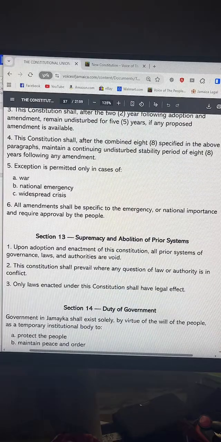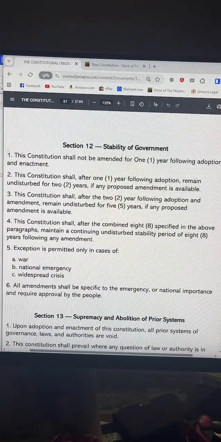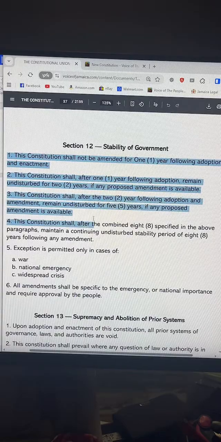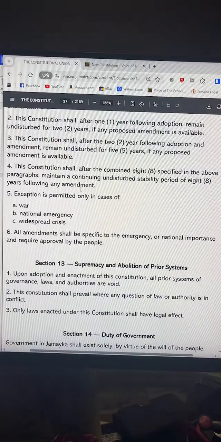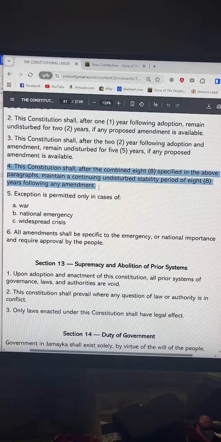This constitution shall, after the combined 8 years specified in the above paragraphs, maintain a continuing undisturbed stability period of 8 years following any enactment. So that means that after this period is complete, the 1, the 2, and the 5 years, then any amendment to the Constitution would have to wait 8 years between amendments.